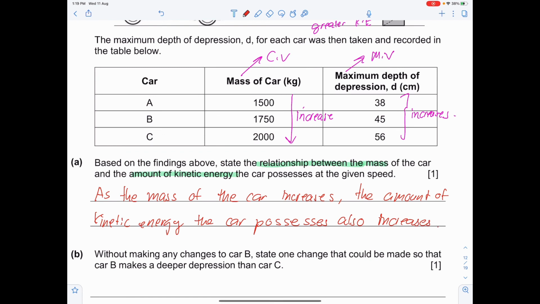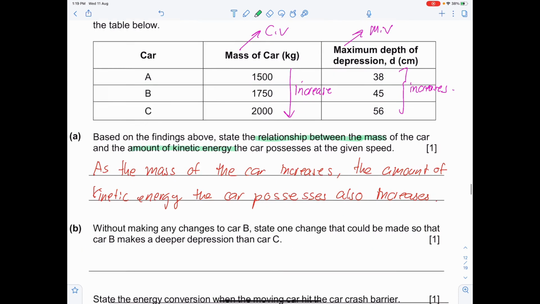So make sure you don't straight away jump to the graph, and just because the heading is like this, you follow the heading for the relationship question. That's not right. Read the question properly.